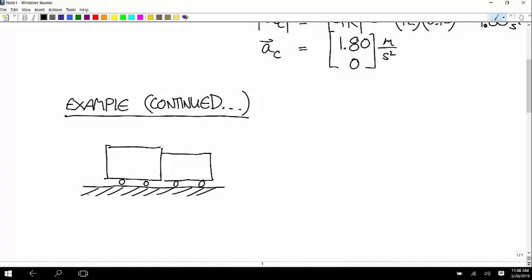And they're free to roll along this flat surface, and there was a 50 Newton force applied to the left. And this one had a mass of 20 kilograms, and this one had a mass of 10 kilograms.